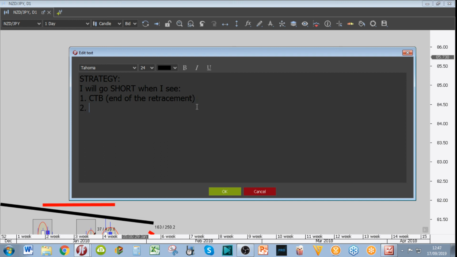Number 2, bearish candlestick formation at some level of past resistance. We learned about resistance or pivot point.